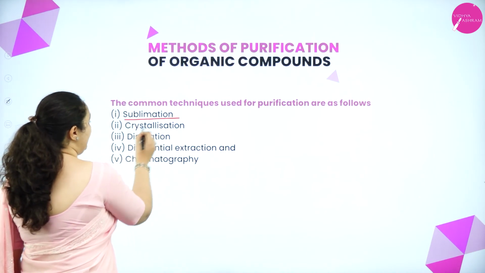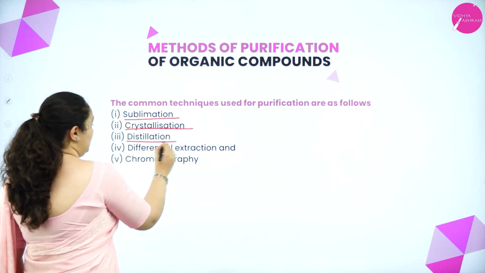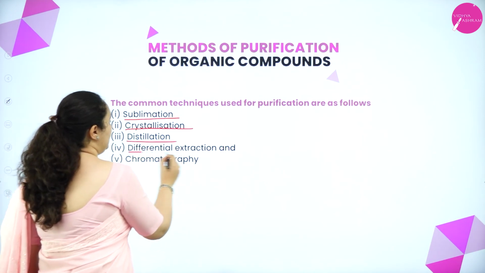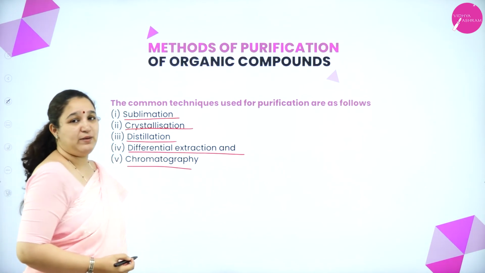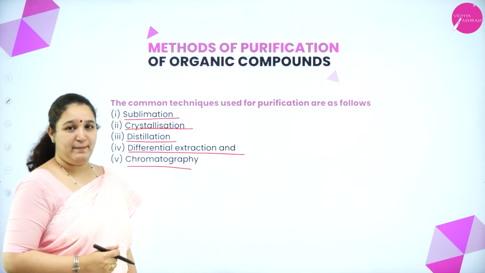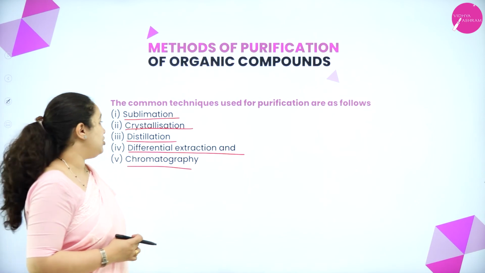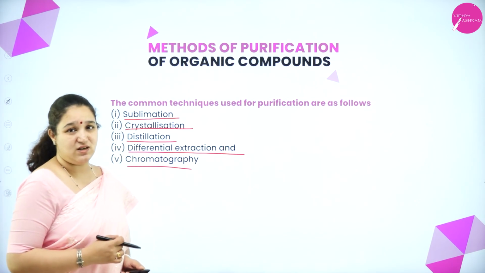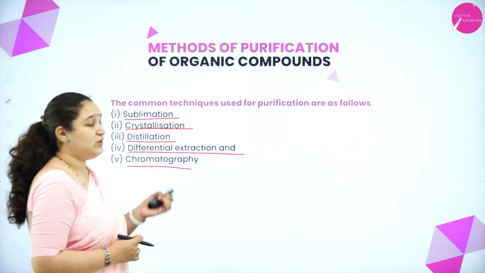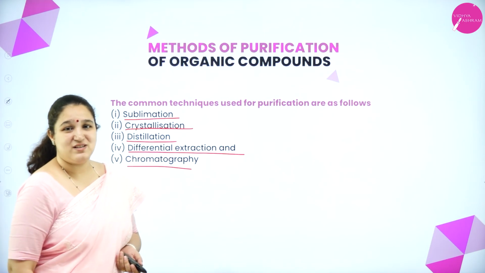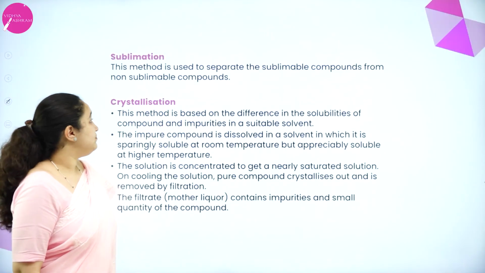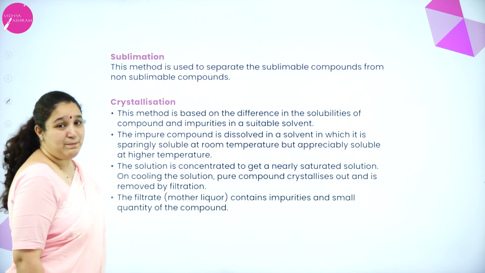It can be sublimation, crystallization, distillation, differential extraction, or even chromatography methods. So we learn what exactly sublimation and crystallization are in this session, and we'll study the other three in the coming session.